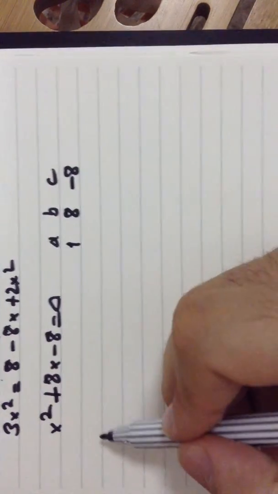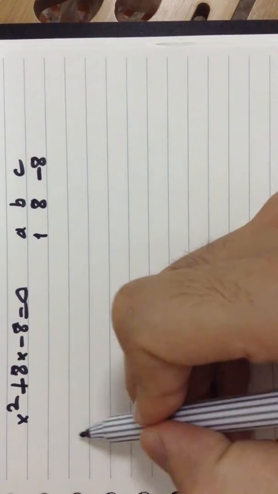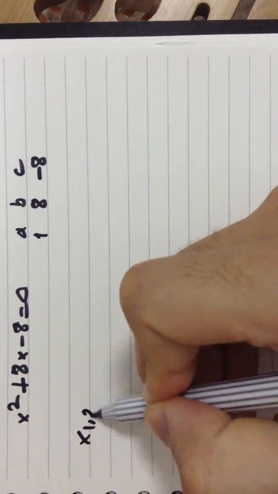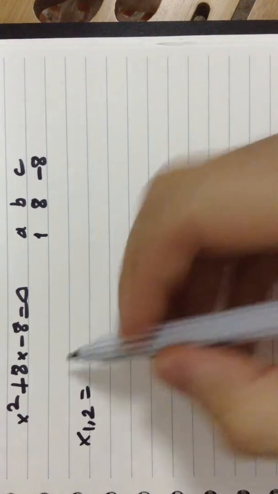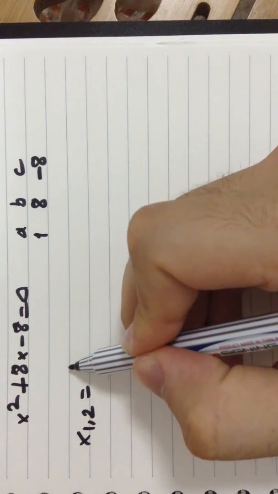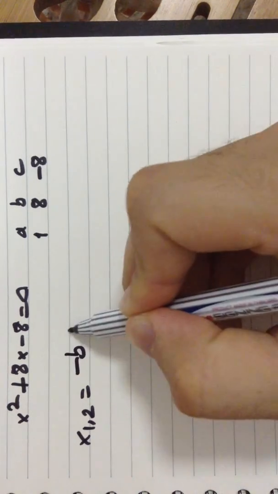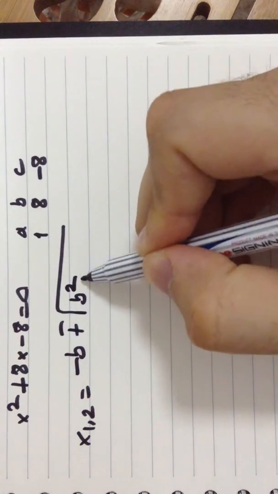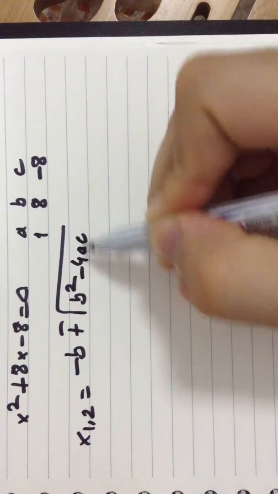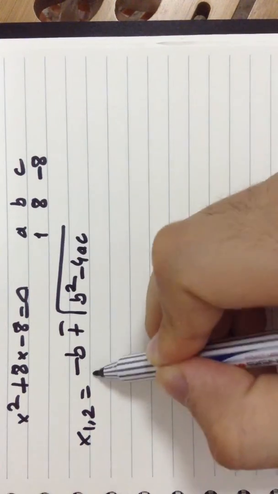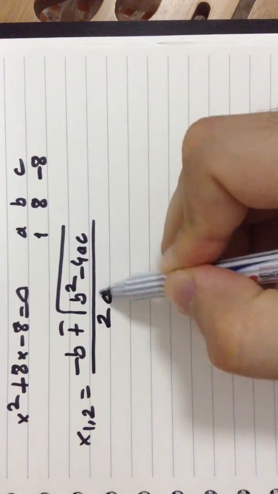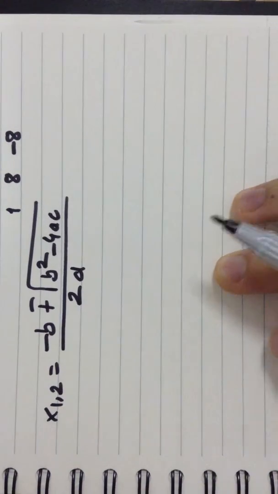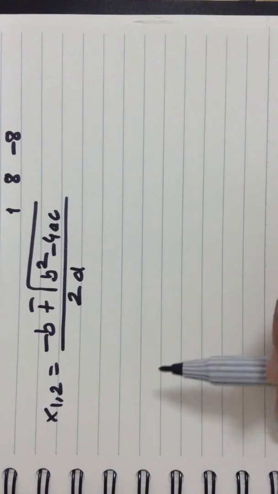And by the way, let me say sorry for the difficult math, but I think you can handle it, right? And x1,2 means minus b plus or minus the square root of b squared minus 4ac. Don't forget to divide by 2a. Now we will put the numbers in here and we will find the distance.